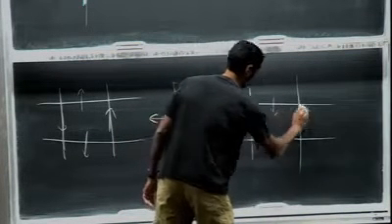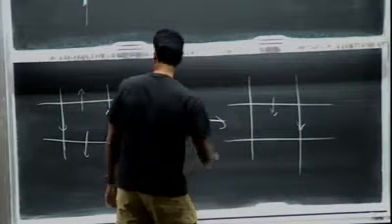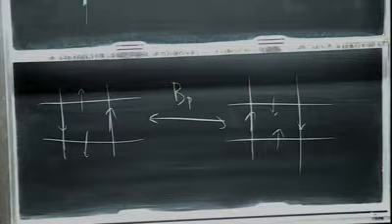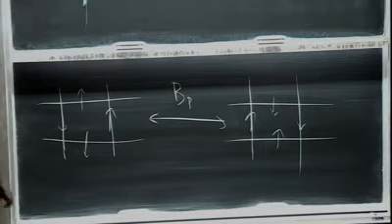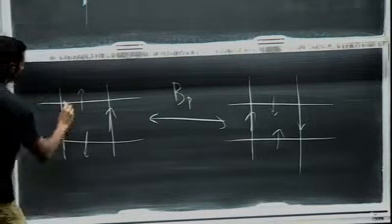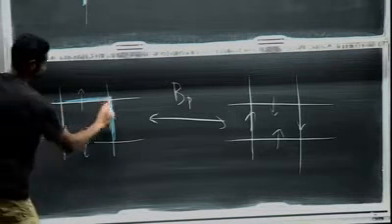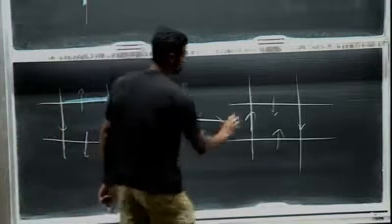It flips those upspins and it flips the downspins. Okay. What you can see, if we go back to this graphical representation, is that it takes this loop configuration and transforms it into this one.